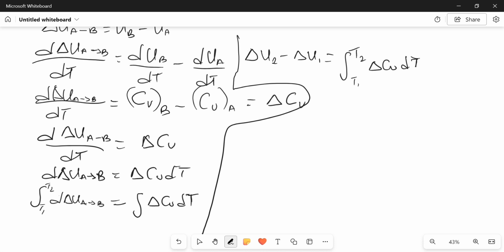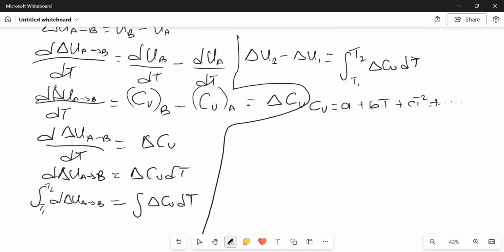We should not forget that our CV can be written in terms of temperature. So it will be A plus BT plus CT square and so on and so forth. This means we can also have DT cube and so on, but to avoid complexity, we can just stop at CT square.